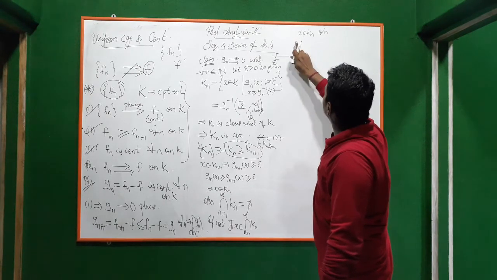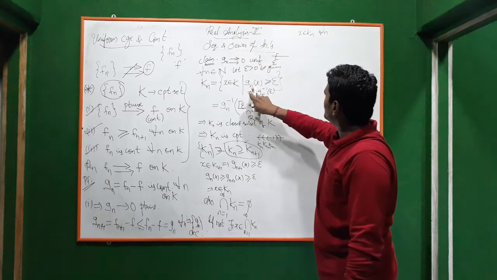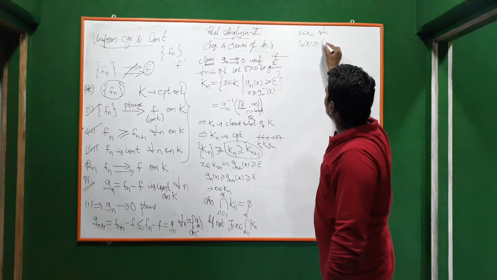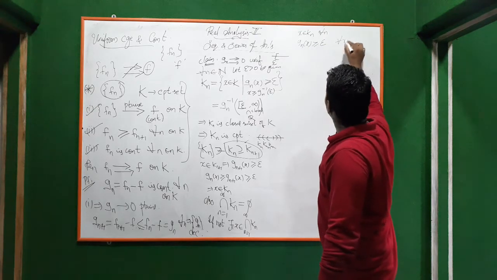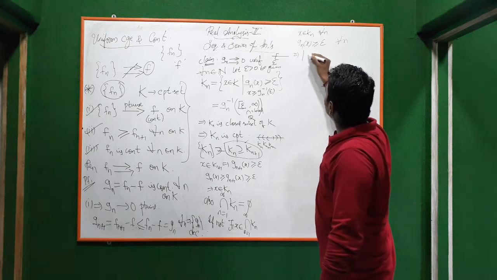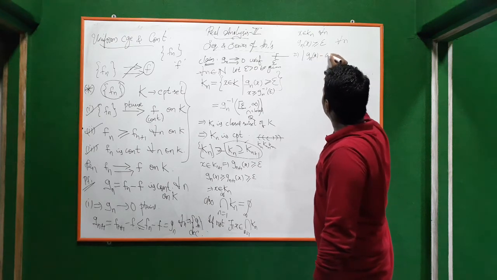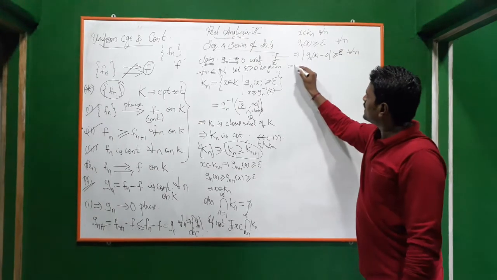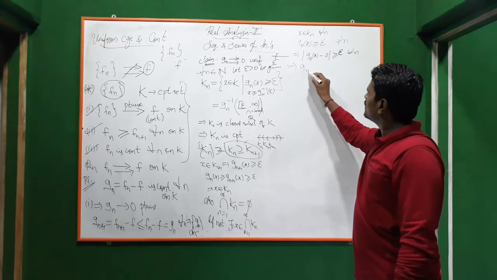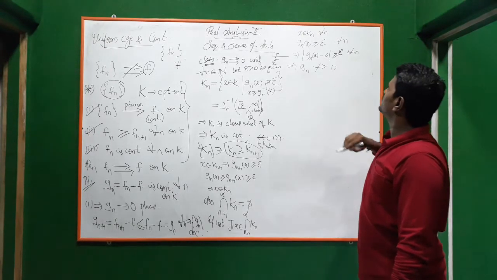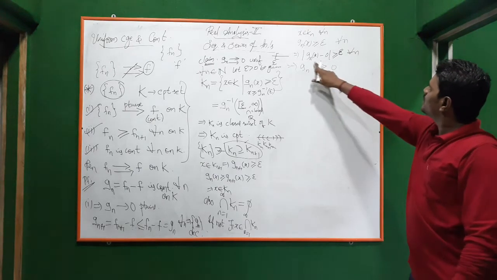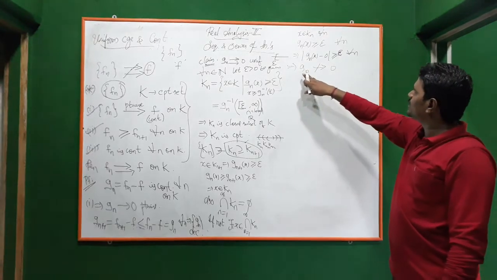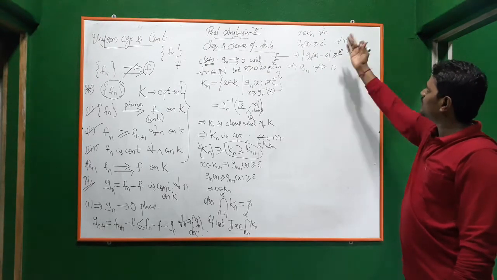And x belongs to Kn means x satisfies Gn of x is greater than or equal to epsilon. This is true for any n. This can be written as Gn of x minus 0 is greater than or equal to epsilon for any n. This says that Gn doesn't converge to 0. Because Gn of x minus 0 is less than epsilon for any n greater than or equal to some stage means that Gn converges to 0, but here we have the negation of that statement.